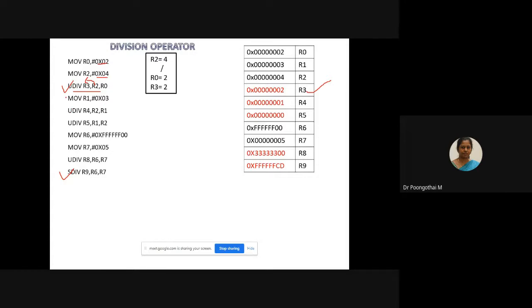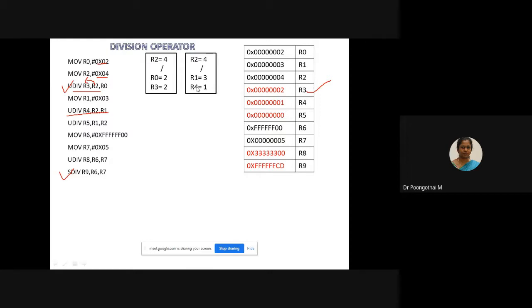So what is the next one? Just find out the answer for this. Tell me the answer. Students, are you able to follow? Ma'am, will it be 1? Yes. R2 by R1. So what is the content of R2? 4. What is R1? 3. So the answer is 1.